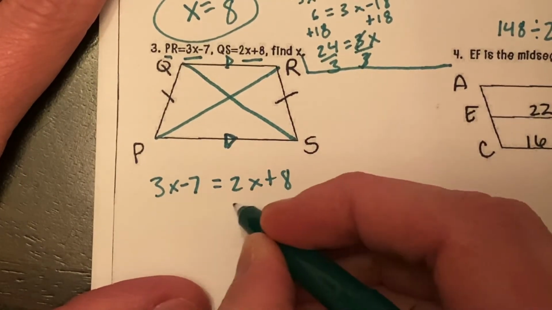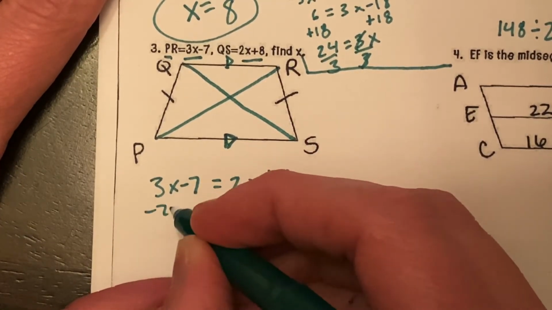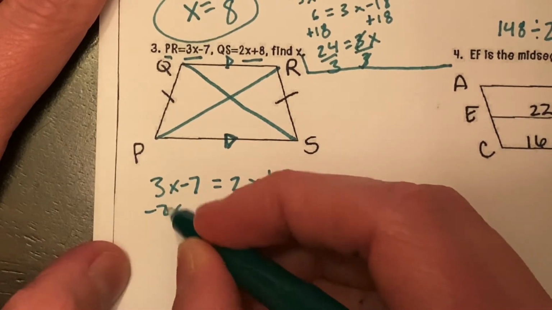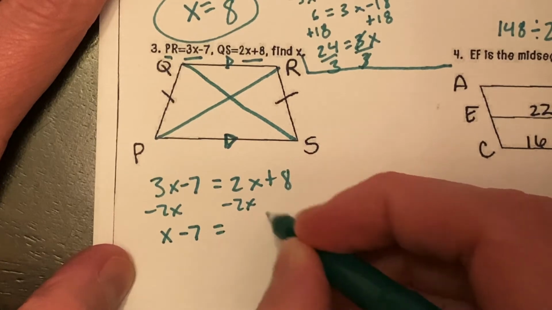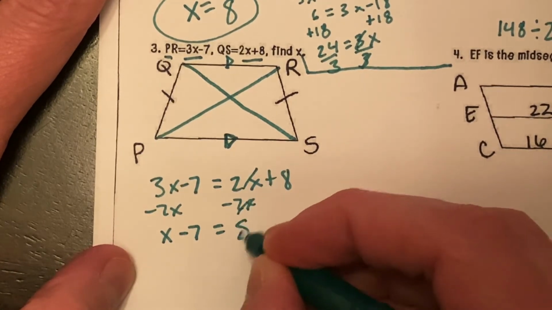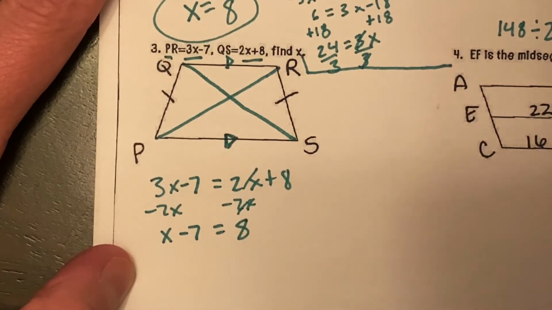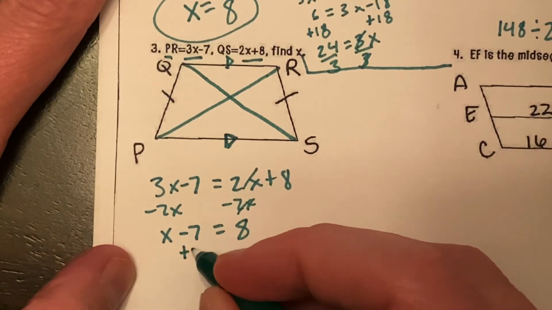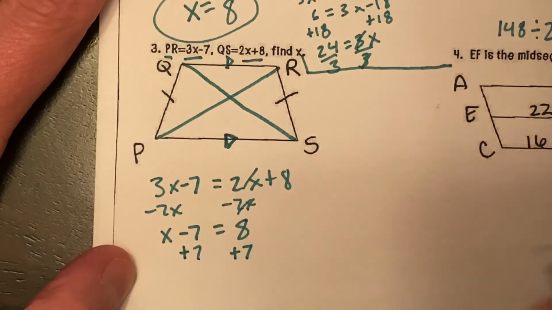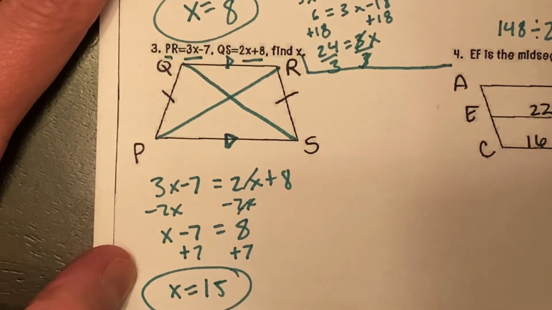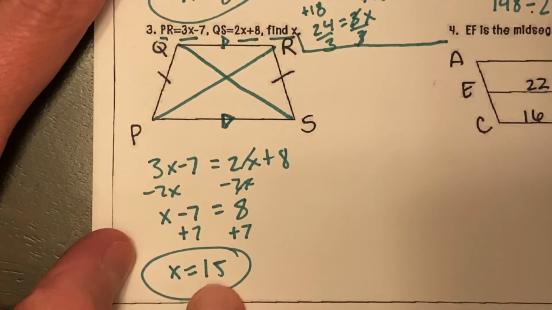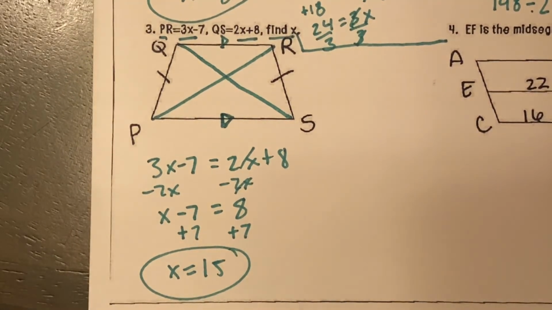Okay, I will minus the smaller x over, so minus 2x. So 3 minus 2 is 1x, then minus 7 comes down. These cross out, you are left with 8. How do we solve for that? Add 7, so x equals 15. And it told us to find x, so that's what we're looking for, so we are done. Okay.